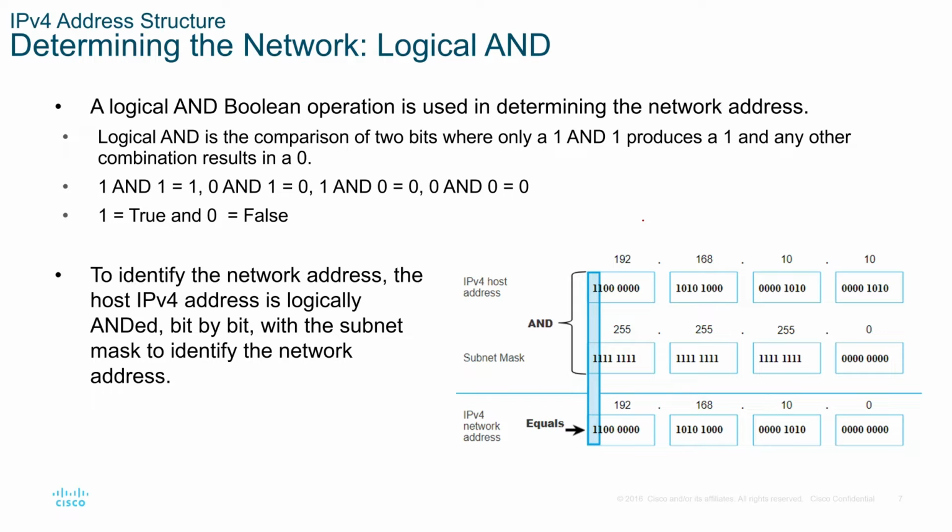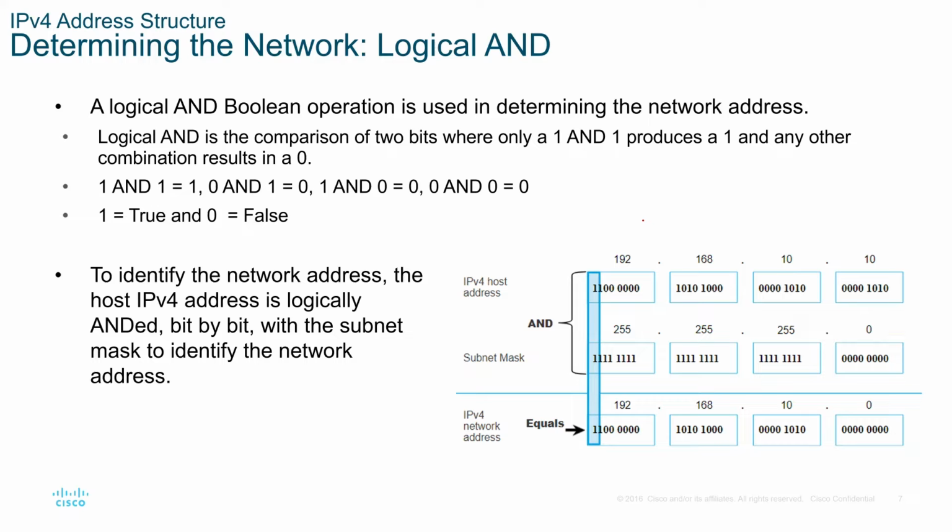And Boolean algebra, although we may think of it as being a modern type of algebra, was actually developed in the 1600s. The logic is the same whether we are working with networking or electronics or mechanical. It is still the same.